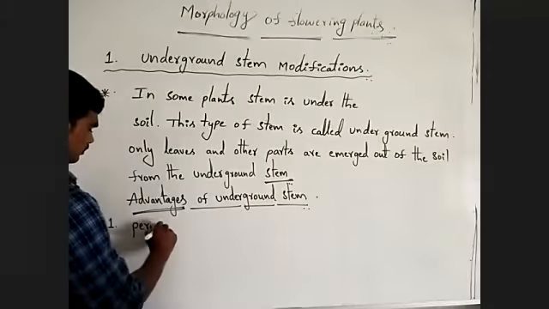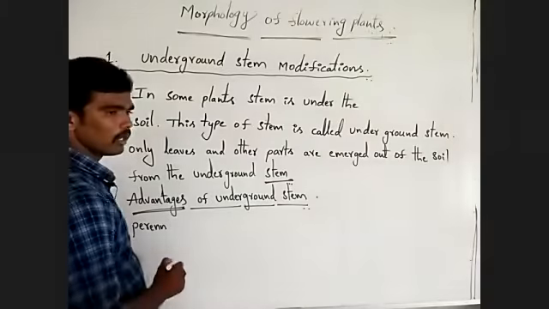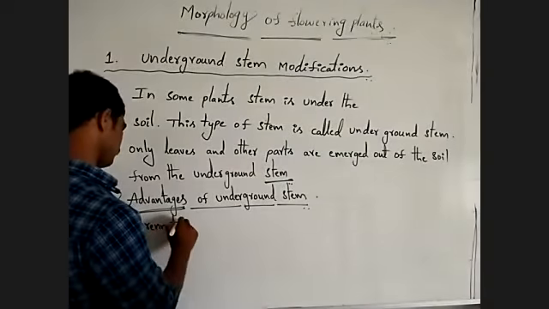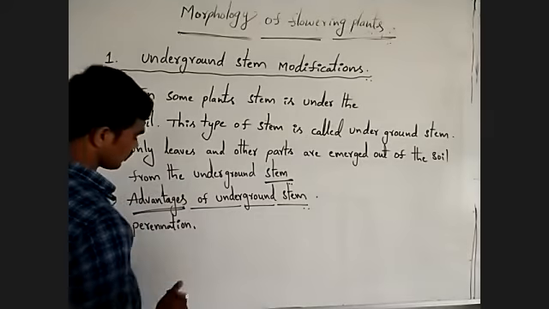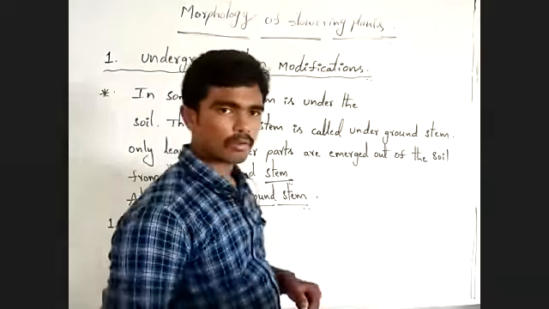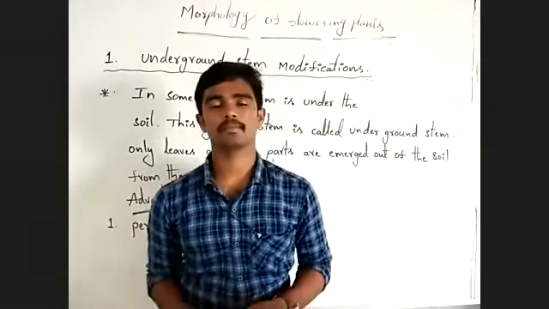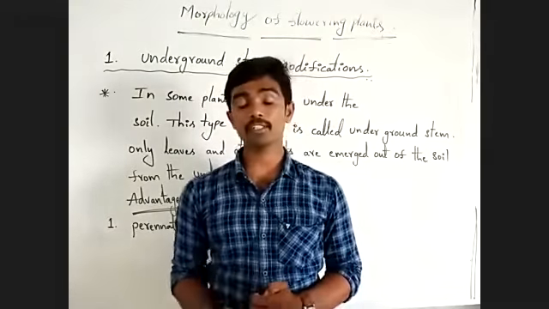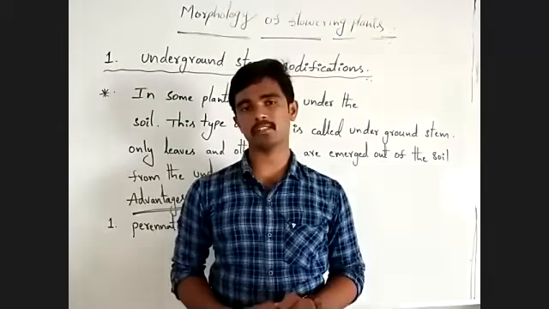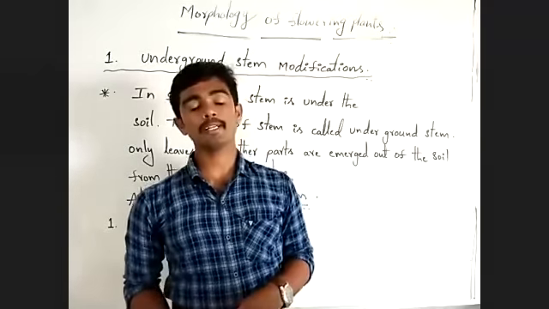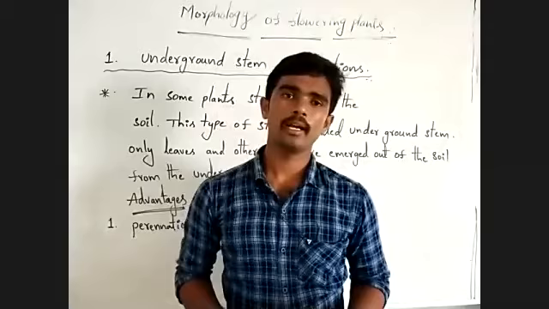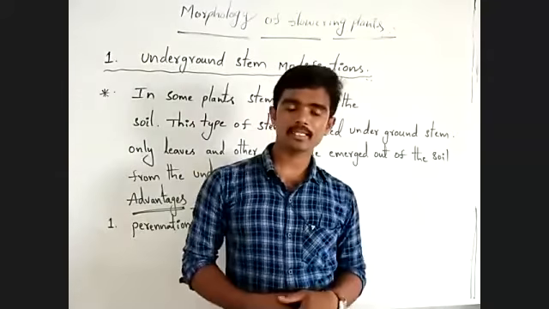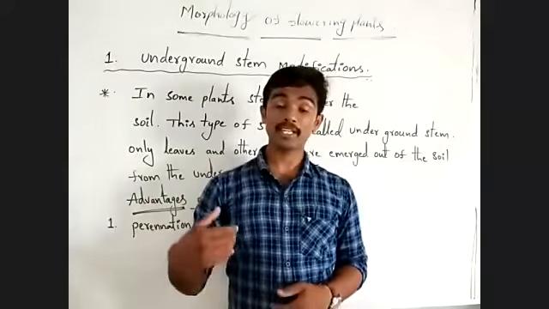First important advantage is perennation. Underground stem can live or can withstand the adverse conditions also. Due to presence of underground stem, a plant can exist on the earth for many years.